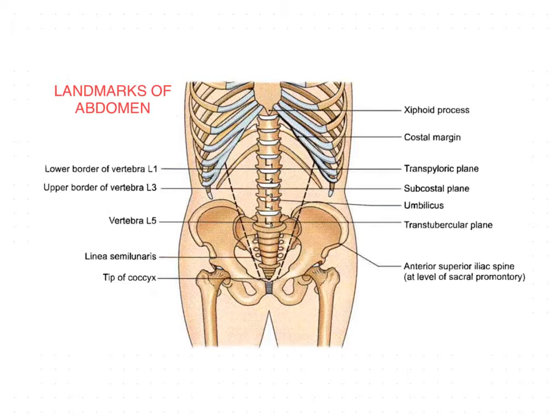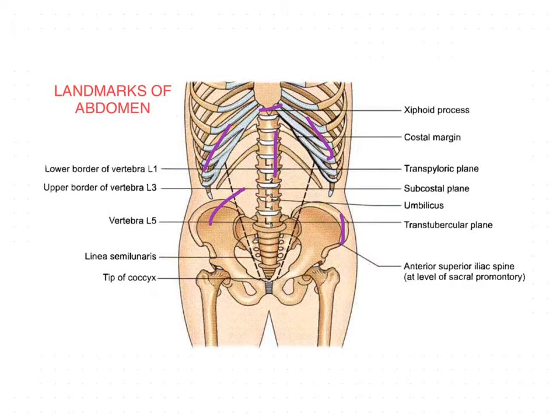Normally this abdominal wall is bounded superiorly by the xiphoid process and the costal margins, posteriorly by the vertebral column and inferiorly by the pelvic bones and the inguinal ligament.